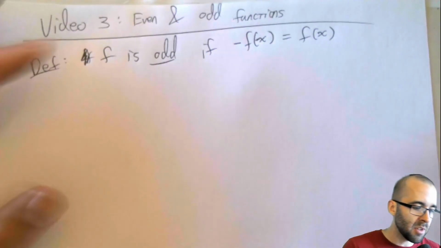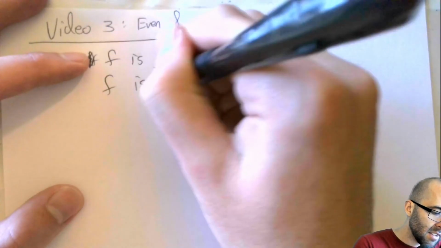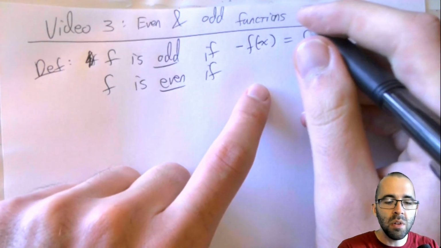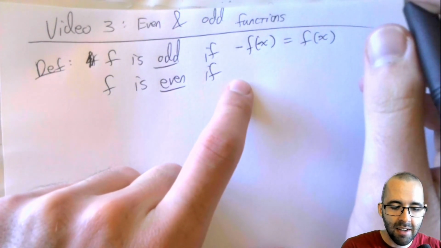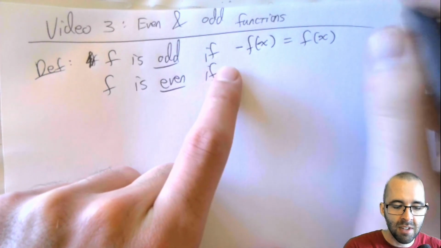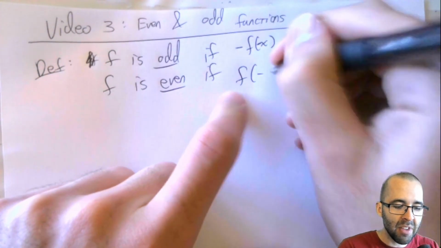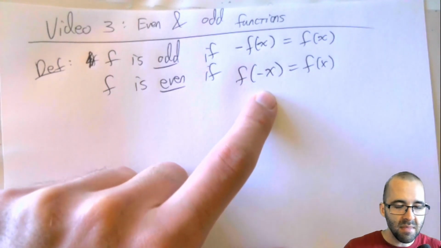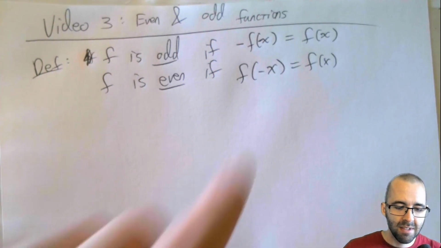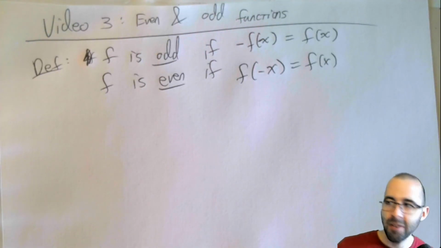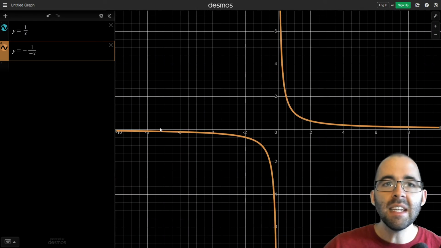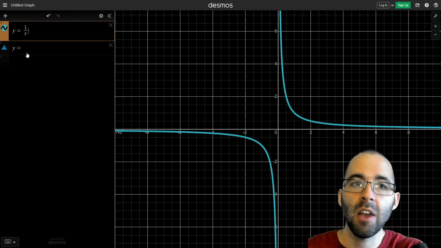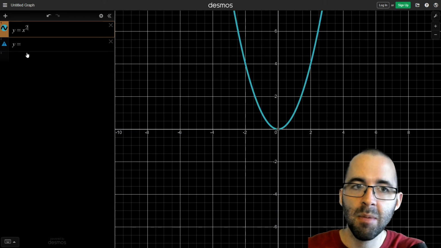Similarly, f is even if reflecting it around only one of them is equal to the same function, and specifically reflecting about the y-axis. So it's even if reflecting it around the y-axis, a horizontal reflection, makes it the same thing.